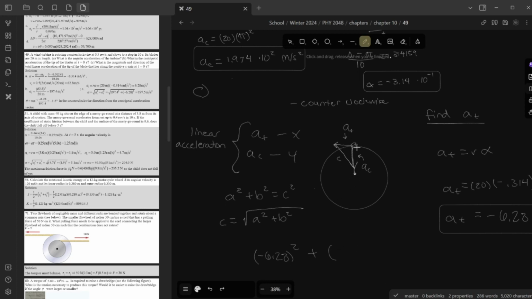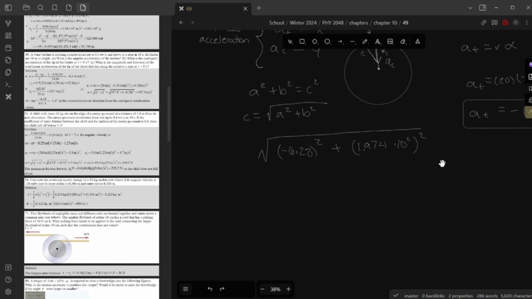So if I were to draw these vectors to scale, the centripetal acceleration would be much longer. So yeah. Squared and square root both these values. And so yeah, we can plug this in our calculator and see what we get.